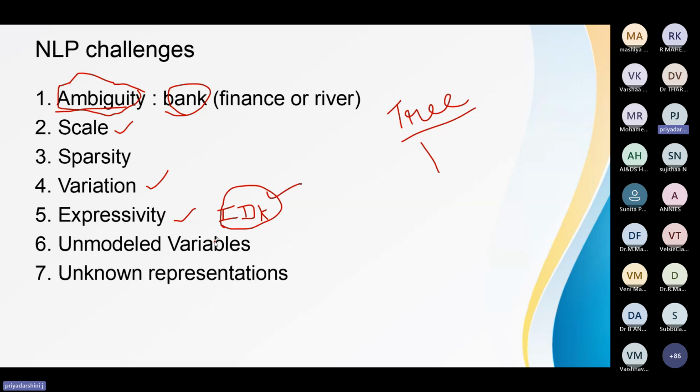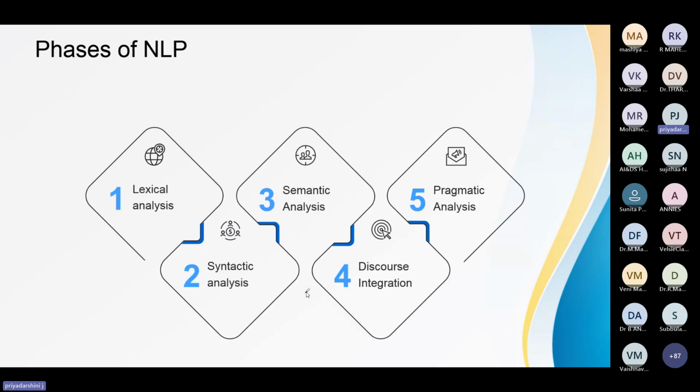Then there are unmodeled variables: when a new word like IDK comes, what happens? Unknown representations. If I type the word committee wrong, it automatically goes with double M, double T, and double E, making automatic changes.